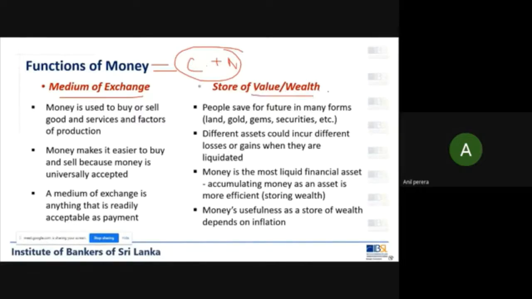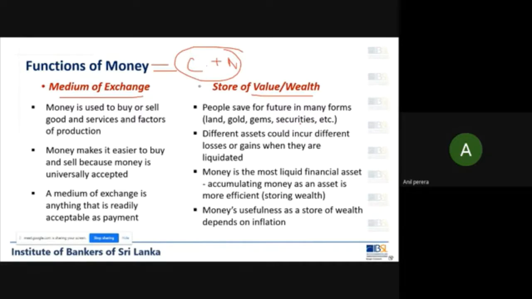Then the second function, store of value or wealth, people save for the future in many forms. We already discussed. People can have various assets: land, gold, gems, securities. Likewise, you can save in many forms. But the issue is when you have these various forms of assets, when you need to convert into cash, or when you need to liquidate it, you use the word liquidation.